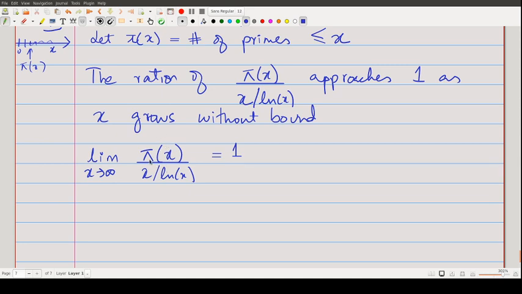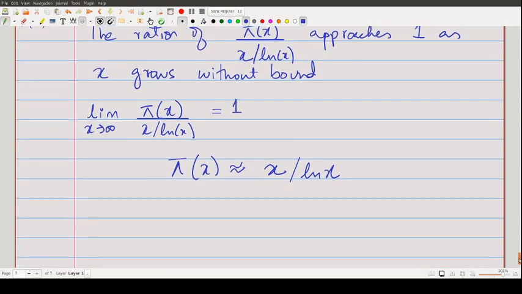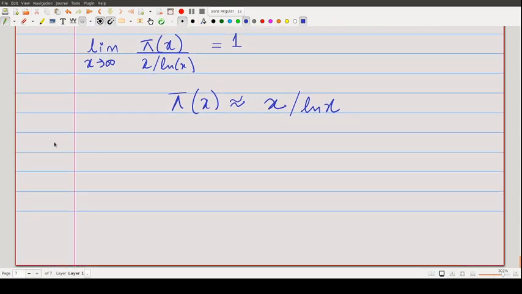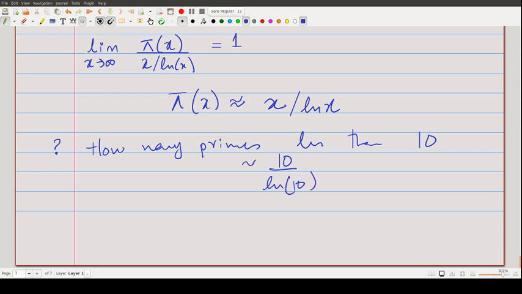So essentially what we are saying is that pi of x is approximately equal to x over ln x. So if you want to know how many primes are less than 10, the answer is approximately 10 upon ln 10, which is approximately equal to this number. Okay.